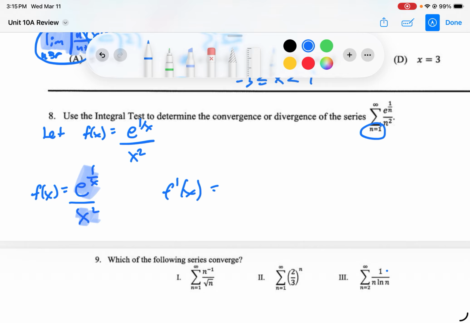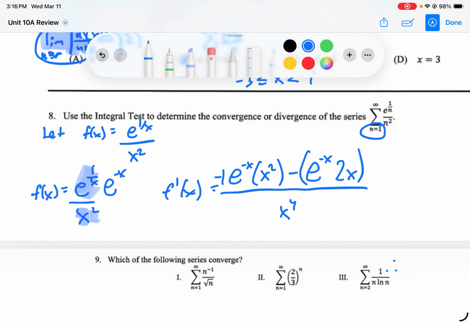It's the derivative of the top, and I'm going to rewrite this as e to the negative x, so e to the negative x times the chain, times negative 1, the derivative of the top times the bottom, x squared, minus the top, just like it is, times the derivative of the bottom, which would be 2x, all over the bottom squared.